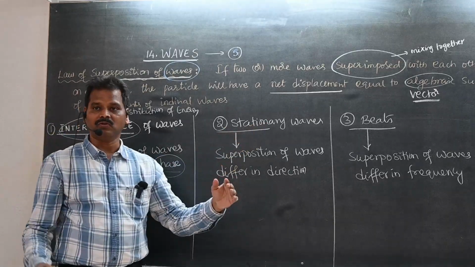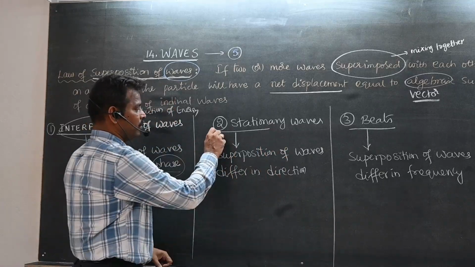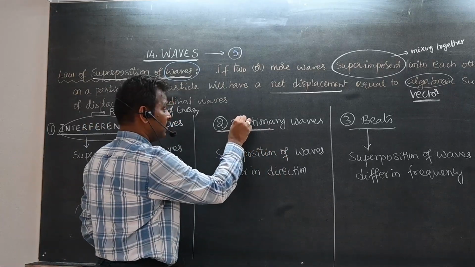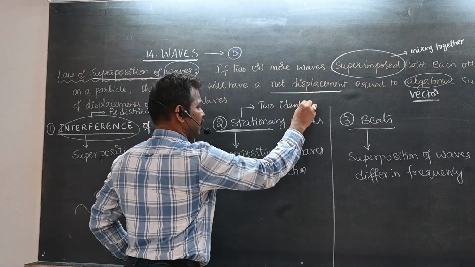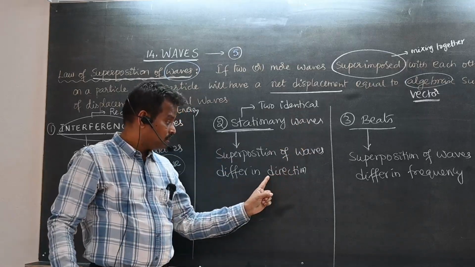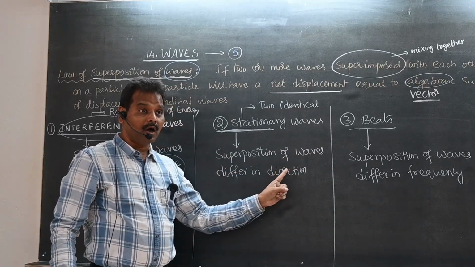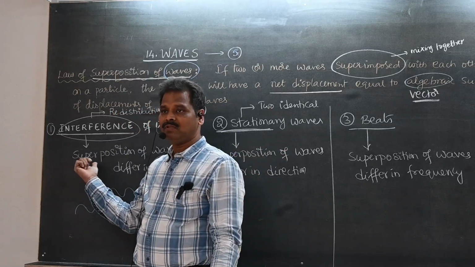Next, stationary waves. Stationary waves can be produced only due to two or more, but generally two identical waves moving in opposite direction, not in same direction. Same direction, generally what happens? Interference.